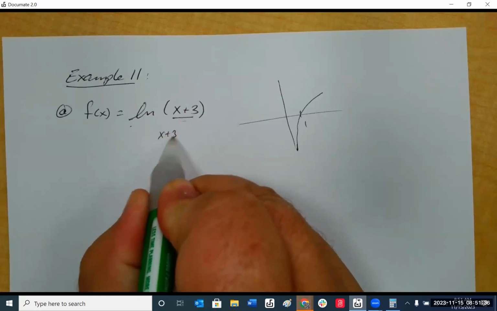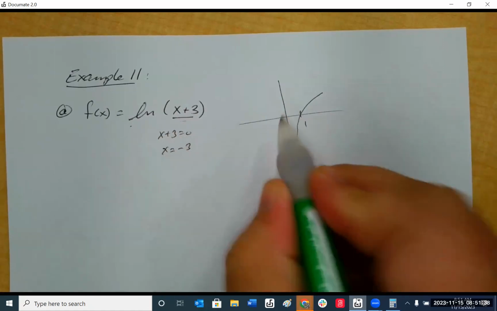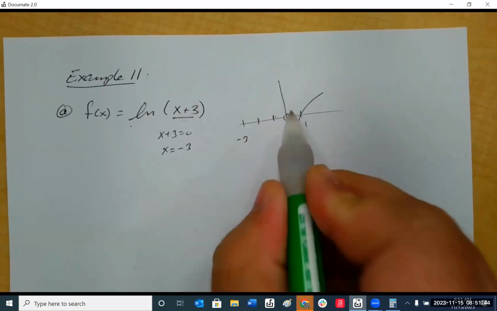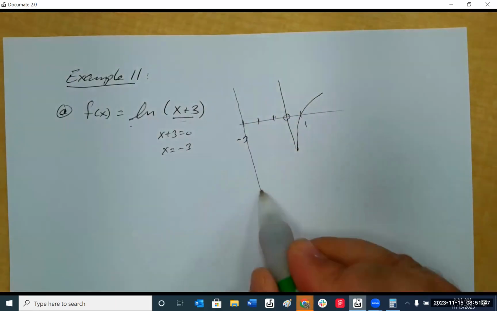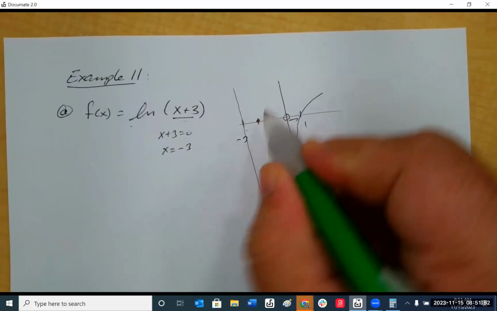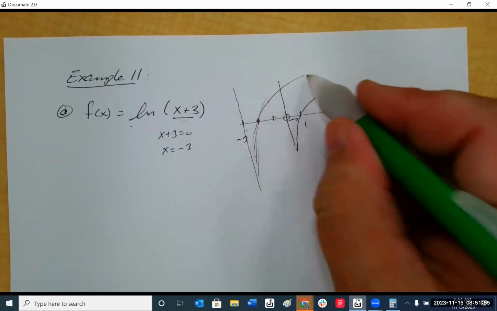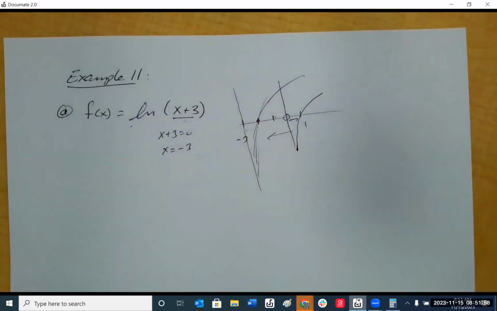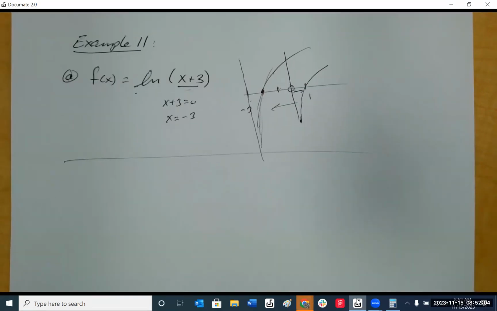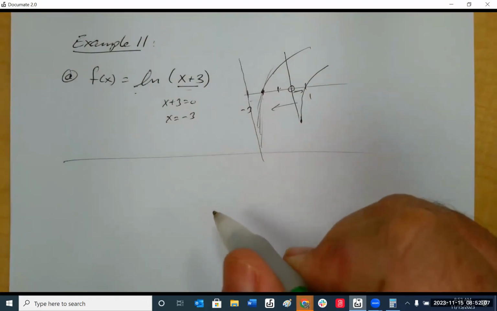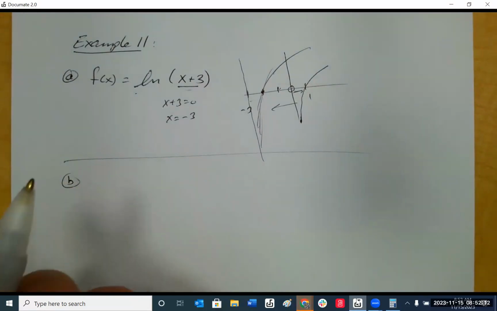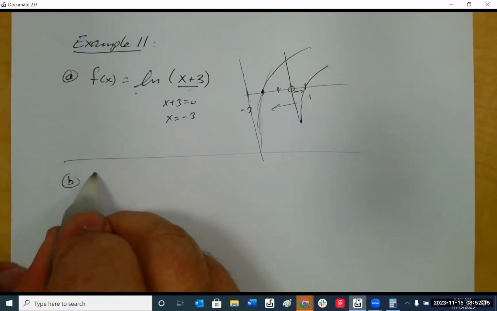Set that equal to 0, to -3. So the origin moves back 3 spaces. It still crosses 1 to the right of it. So your graph just moves back 3 spaces. Remember, review chapter 2. When you do a horizontal or vertical shift, what's changing is the origin.